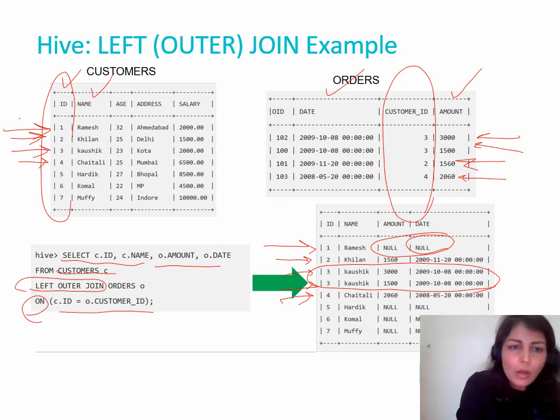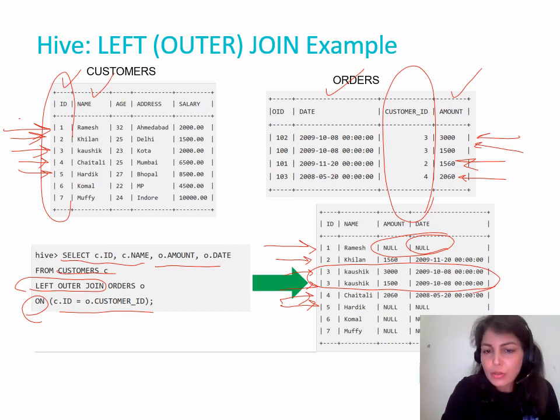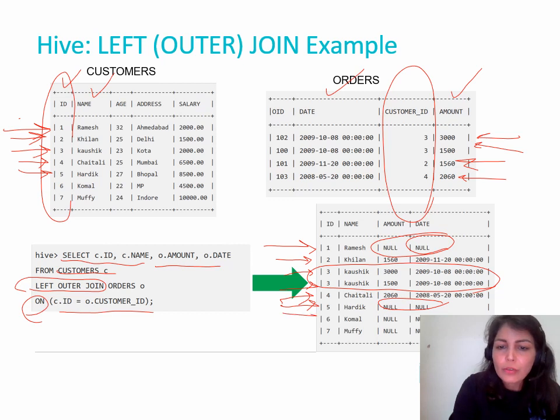Okay. How about customer number 5? Now, there is no matching value here. We write the information requested for this customer, but we have to write null for columns from the orders table, because there is no matching value. And similarly for customer number 6 and number 7.